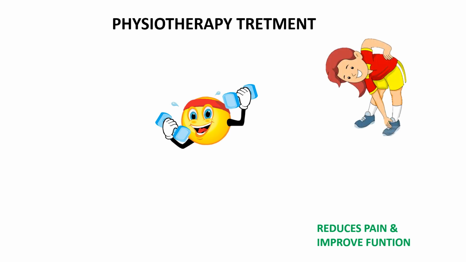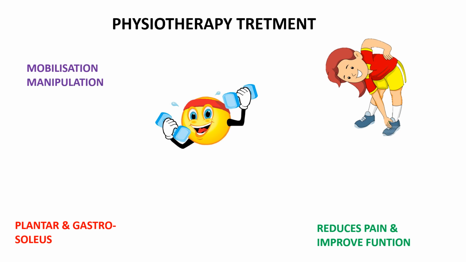These are stretching of the plantar fascia and gastrosoleus muscle stretching, and all the sets and repetitions are taught to the patient. Then mobilizations and manipulations seem to be effective and are used by many therapists to reduce pain and relieve symptoms in some cases.